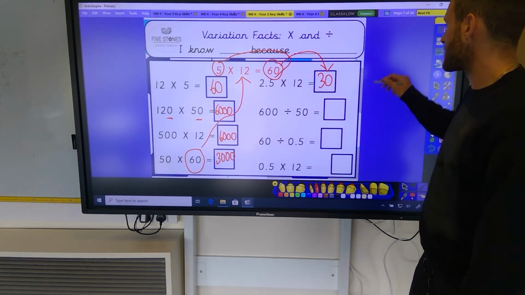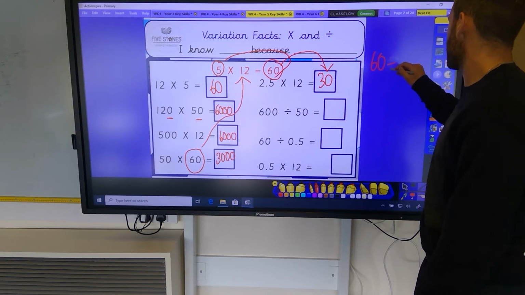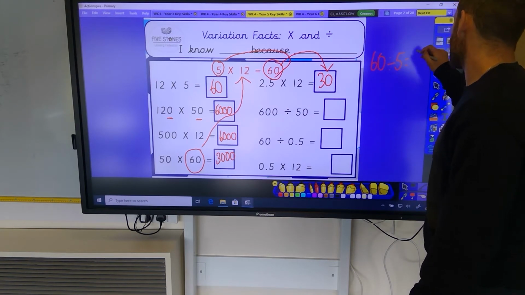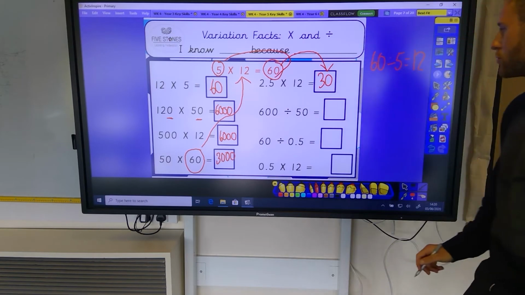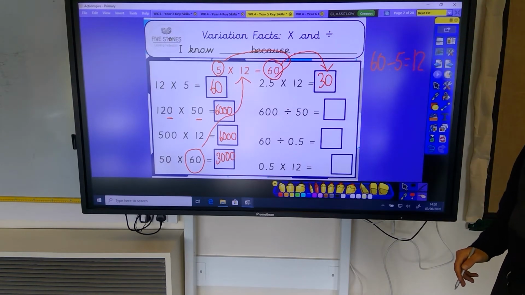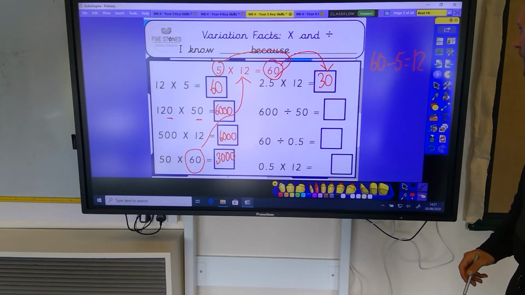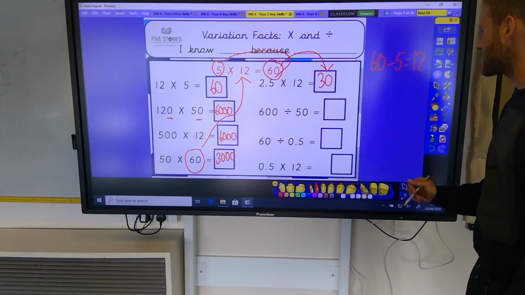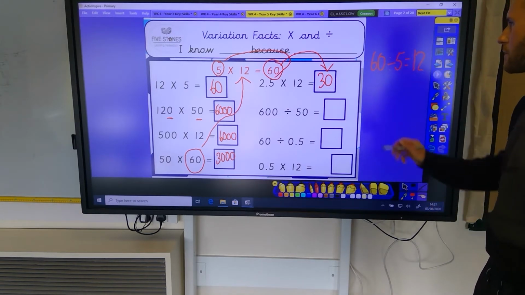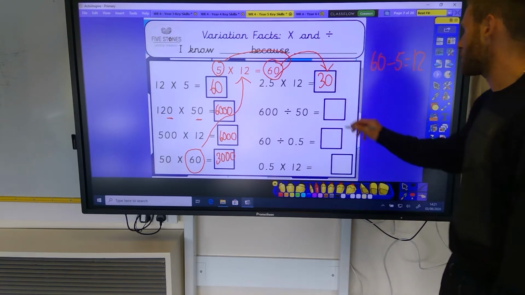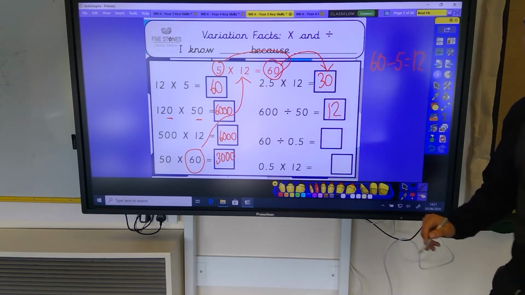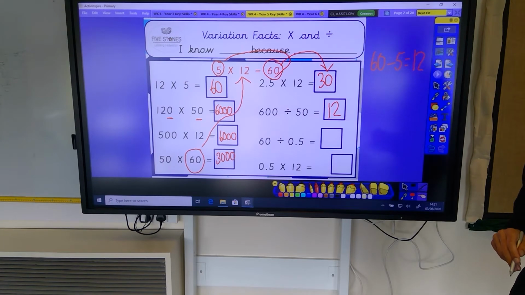Fantastic. Now we've got the inverse. We've got 60 divided by 5 equals 12. But actually we've got 600 divided by 50. What are we going to be left with? 600 has increased by 10 times, but it's been divided by something that's been increased by 10 times, so we should still be remaining with our 12.